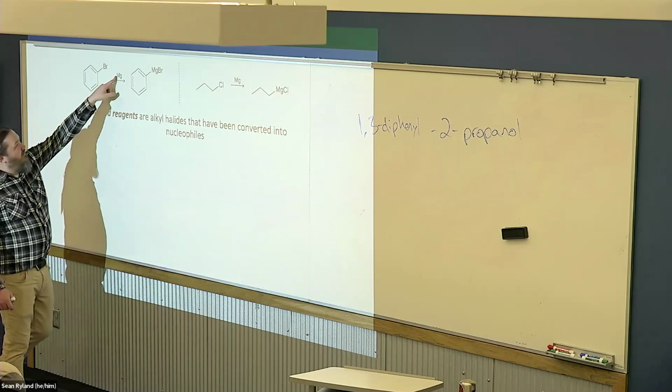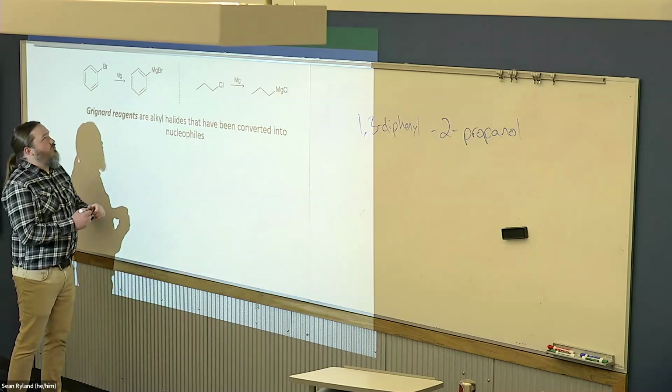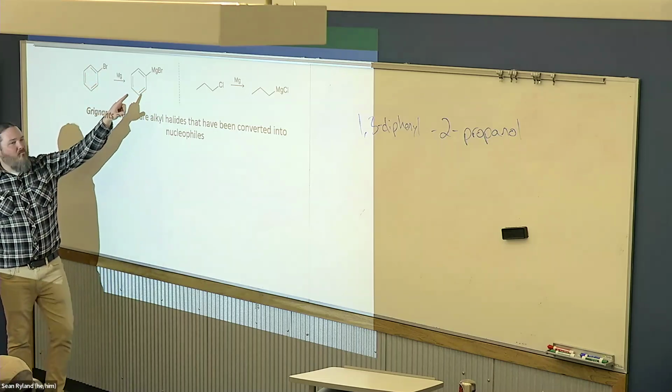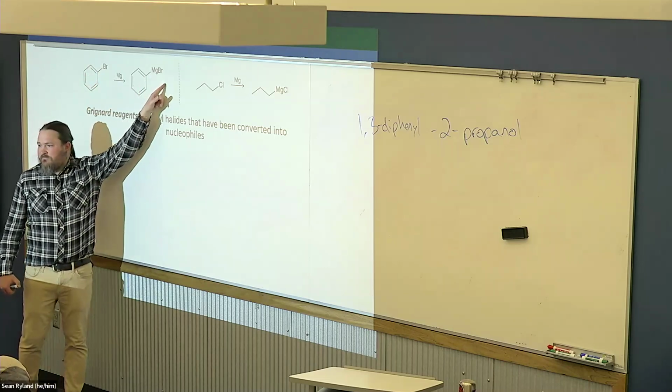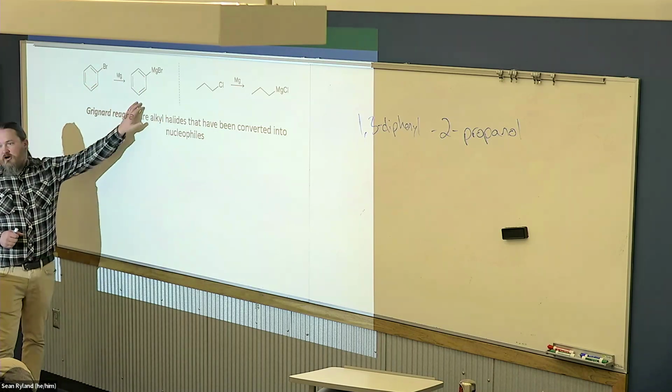It just inserts itself in between there to make what's called the Grignard reagent. When you take a bromide and add magnesium to it, obviously there's no common IUPAC designation for that, so we just call it the Grignard reagent.